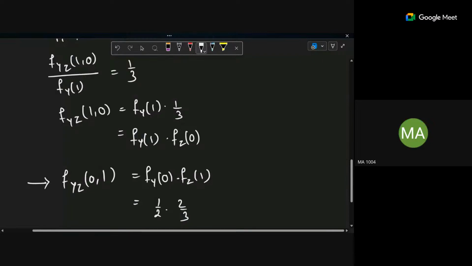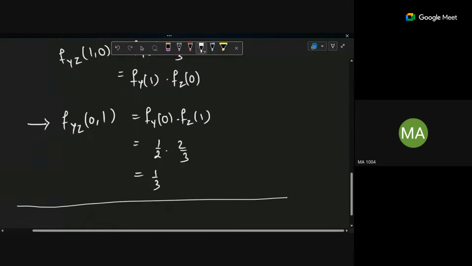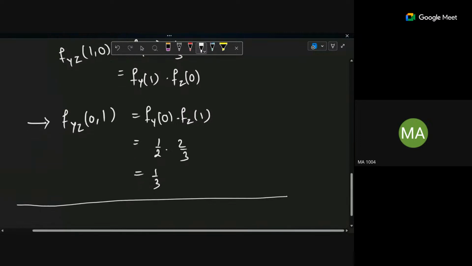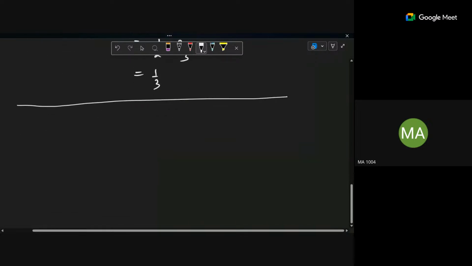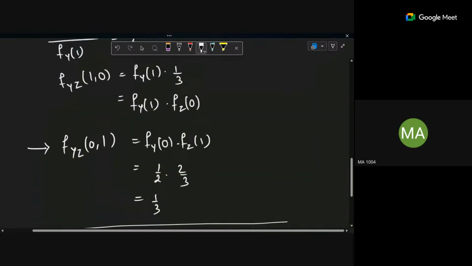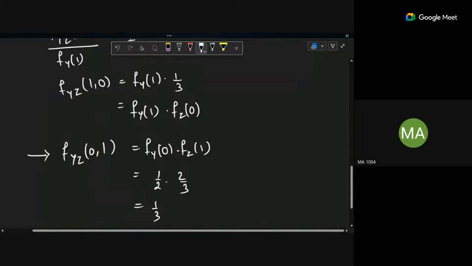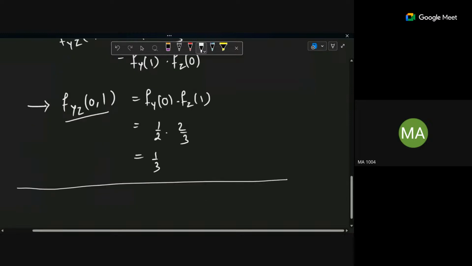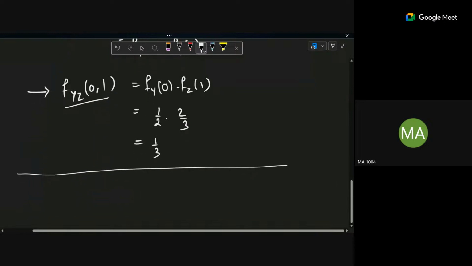Yes, that's a valid question. By checking one combination, you can't claim that your random variables are independent. That was the hint actually, to go for this fyz at 0, 1. Otherwise, they should describe the question in a way that says they are independent.